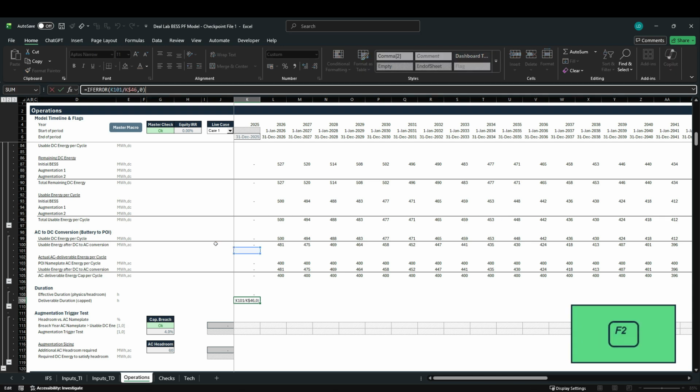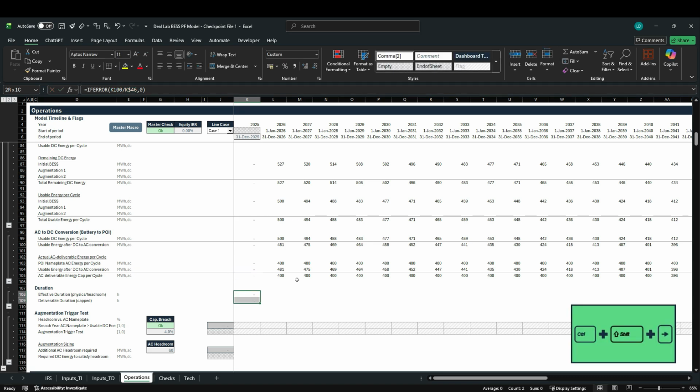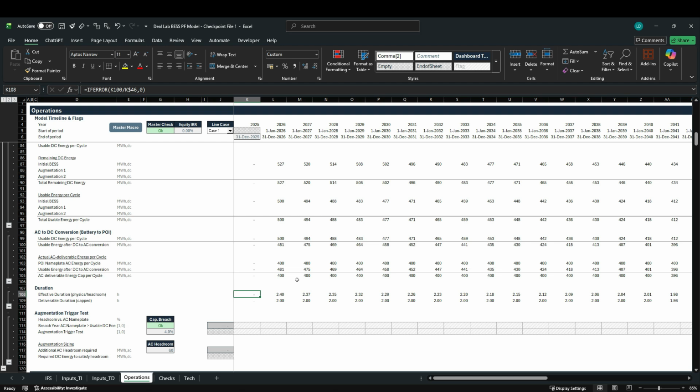hit F2, and this time for the deliverable duration, which is capped, we will actually link this to row 105, where we take the minimum of the physical boundaries and the contractual obligations. Hit enter, drag that over to the right, Ctrl R. And the story is the same as in row 105.